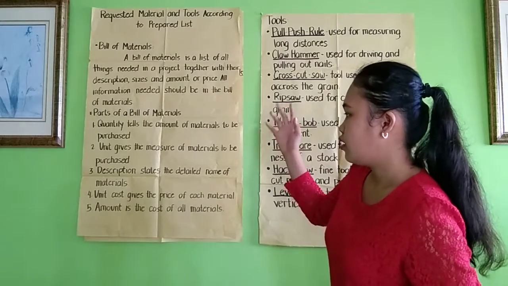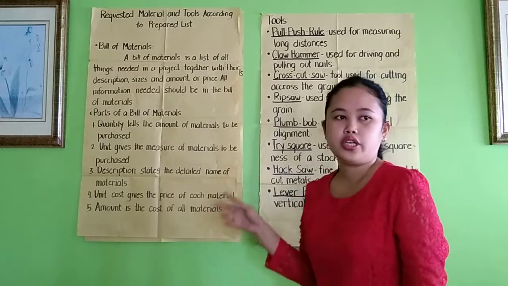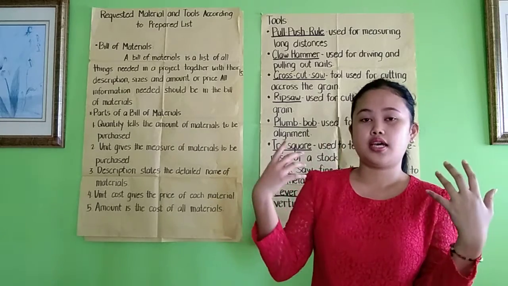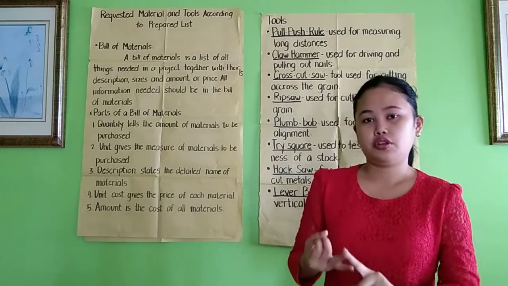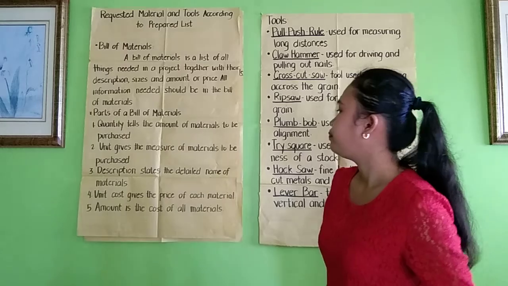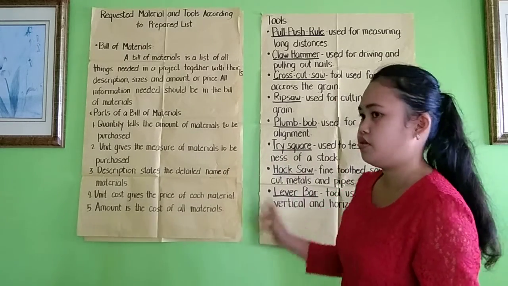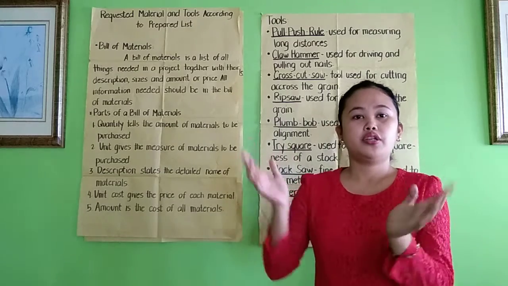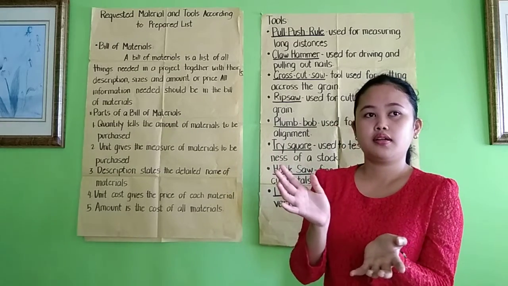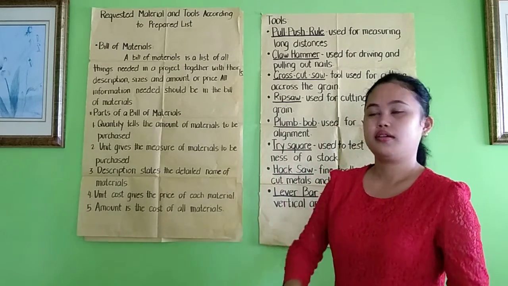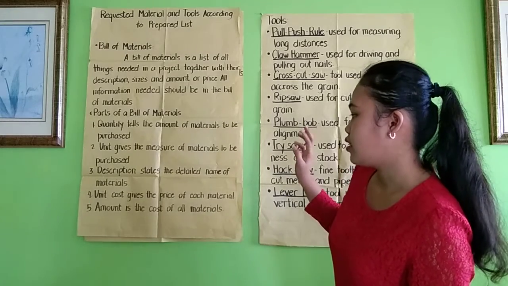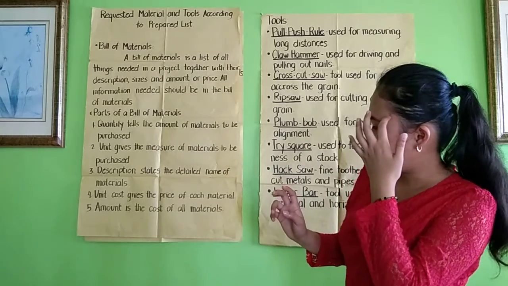The next, unit, gives the measure of materials to be purchased. So as I have said, kilo, liter, pieces. Then description states the detailed name of materials. So description, the name of the materials you're going to acquire. The next, unit cost, gives the price of each material.